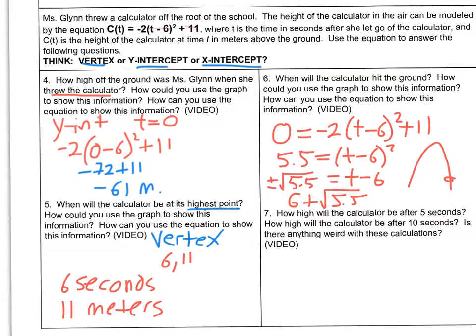How high will the calculator be after 5 seconds? Okay, so that means I've got to plug in 5. So -2, 5 minus 6 squared plus 11, and I get 9 when I do that out.